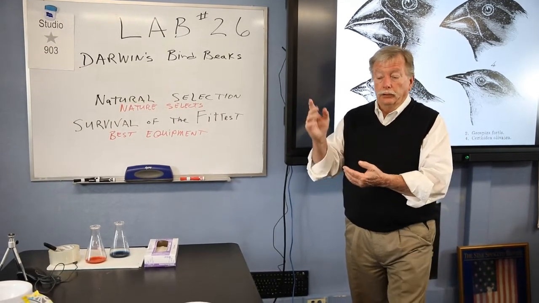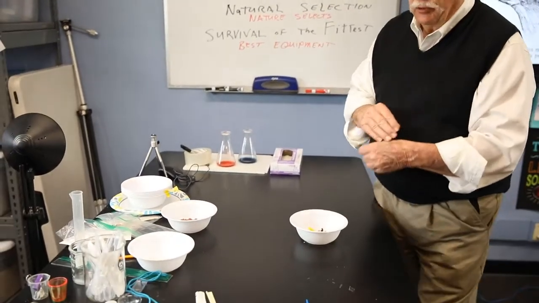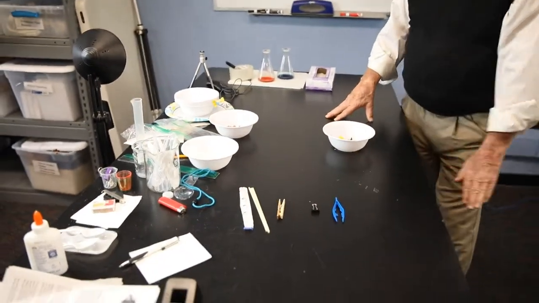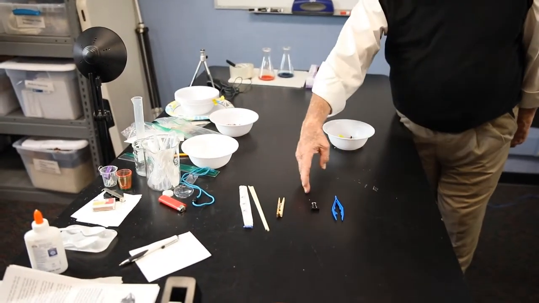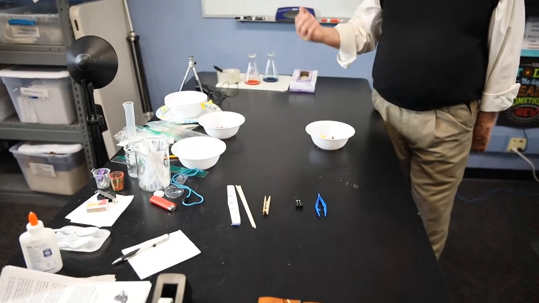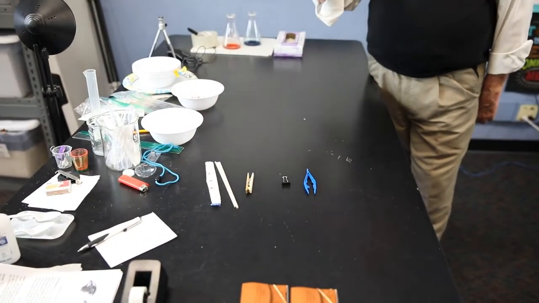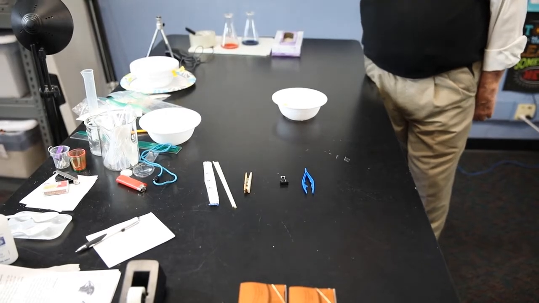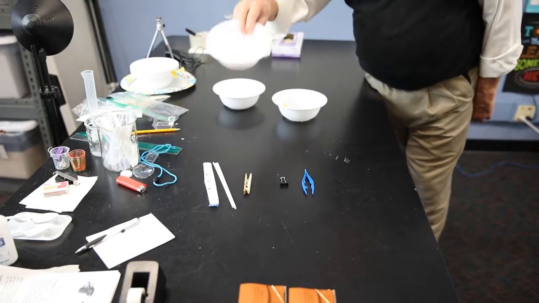In your kit, you've got these things. Pick out which bird beak you want to use. Use the same bird beak throughout the experiment. You have worms, you have kidney beans, and you have rice.